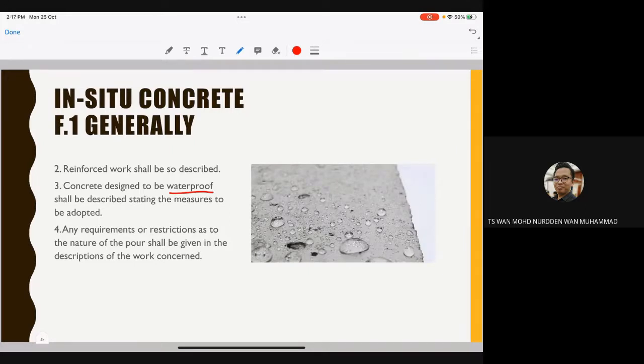Number 4, any requirements or restriction as to the nature of the pour shall be given in the description of the work concerned.